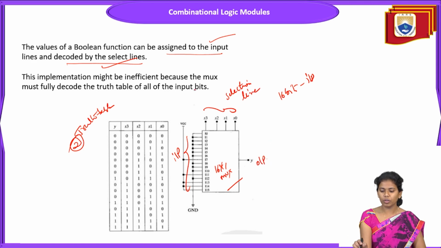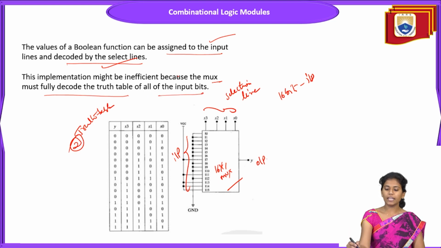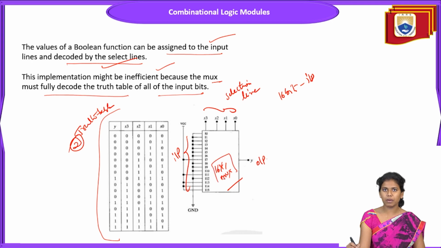The implementation might be inefficient because we must fully decode the truth table of all the input bits. The statement is telling that the implementation must be inefficient. Why? Because we had considered the combination as a 16 by 1 mux. So we feel some inefficiency because of the consideration of a huge multiplexer.